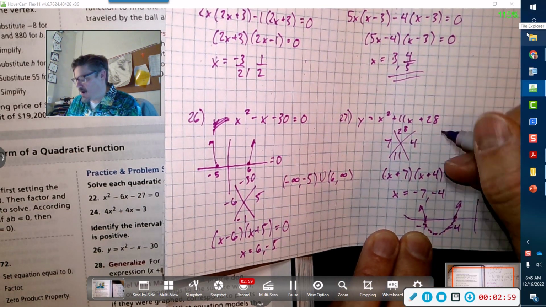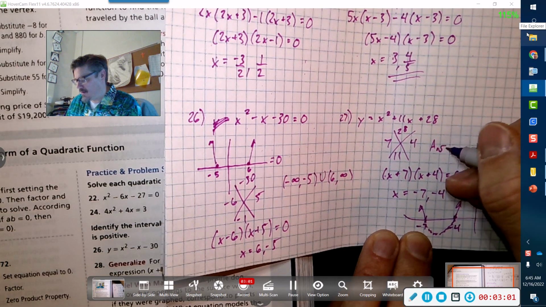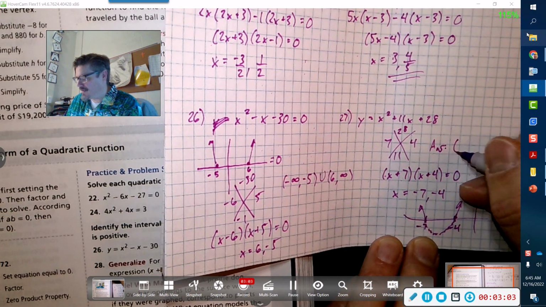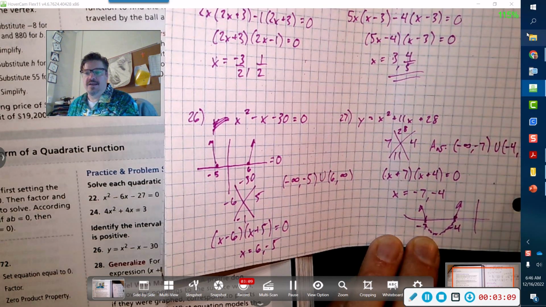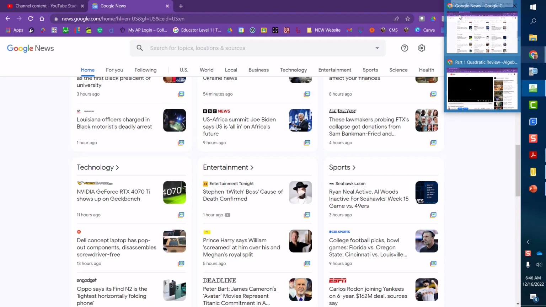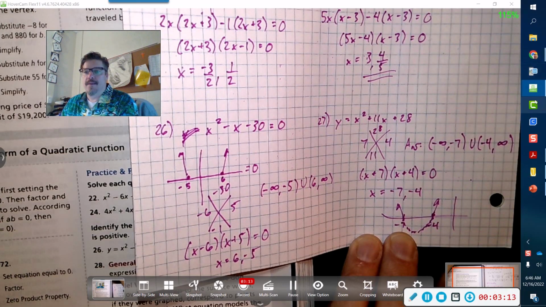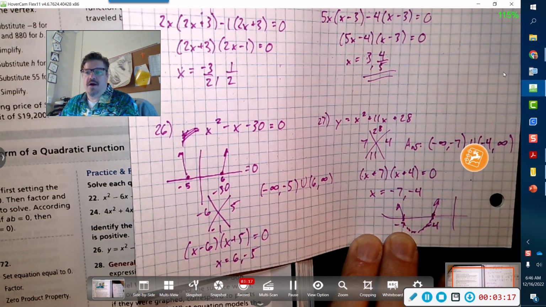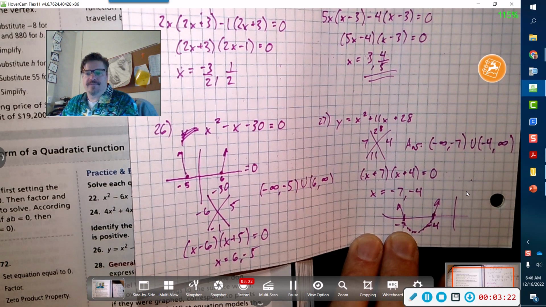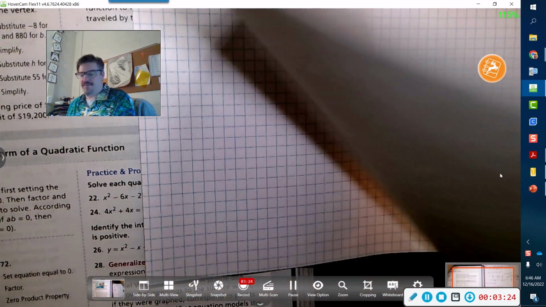Our answer here is from negative infinity to negative 7, union, then negative 4 to positive infinity. It is only from negative 7 to negative 4 that he dips below 0.